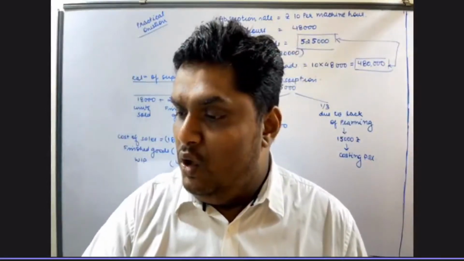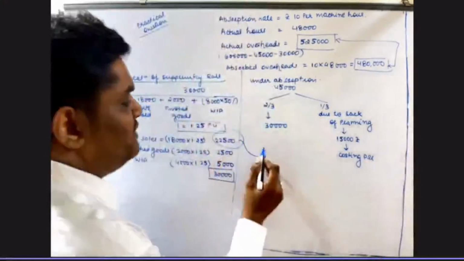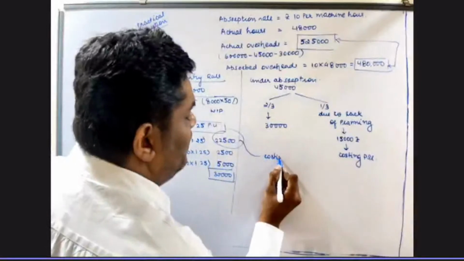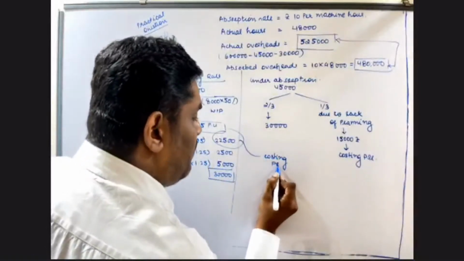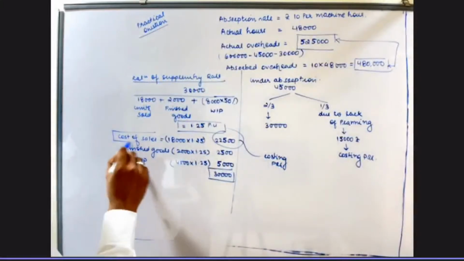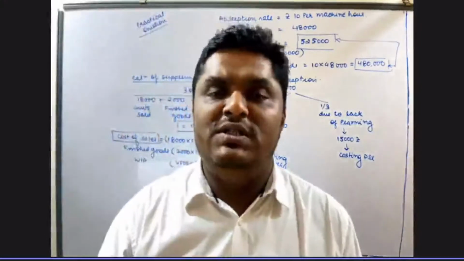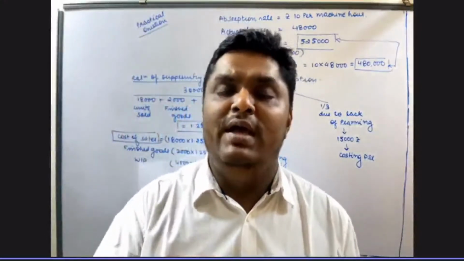No worries, Bhumika. So anyways, this amount is transferred to costing P&L only. However, when talking about the presentation, it will be added in cost of sales, and the cost of sales is anyways transferred to costing P&L. So the ultimate impact of this will come on the costing P&L only.